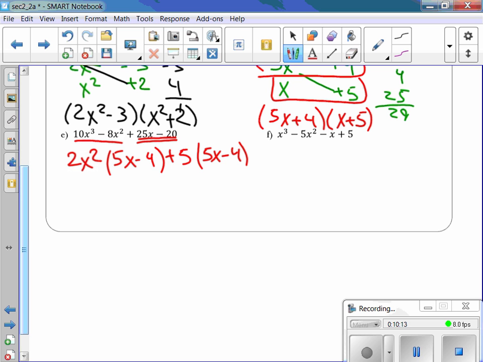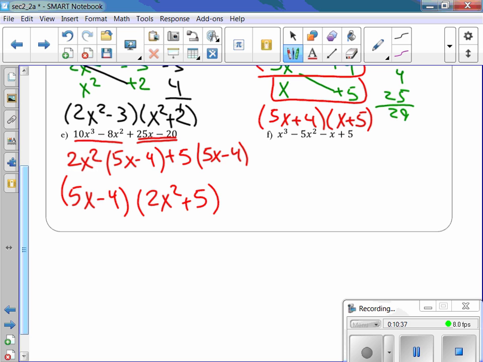The factor here being 5x minus 4, so we can pull out that common factor now, 5x minus 4, leaving behind what? So 2x squared plus. But it's not like 5x minus 4 squared. No, this is just a common factor.